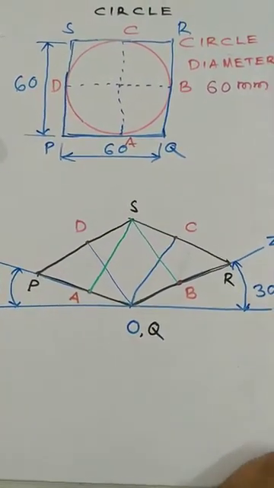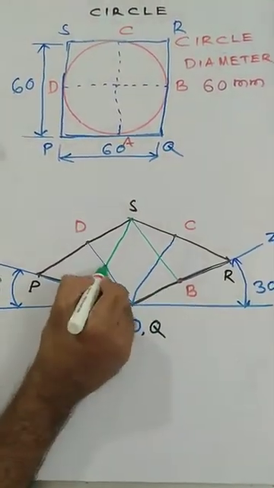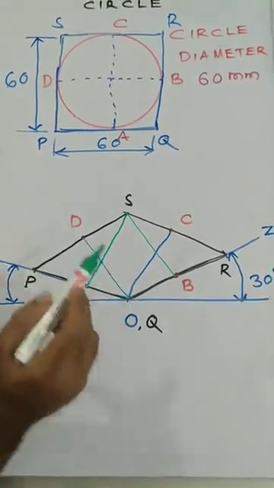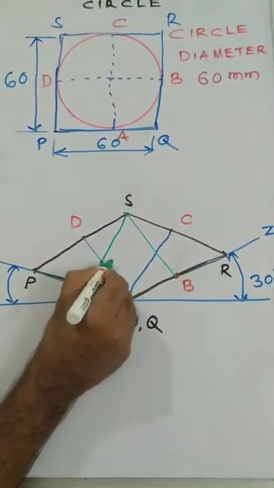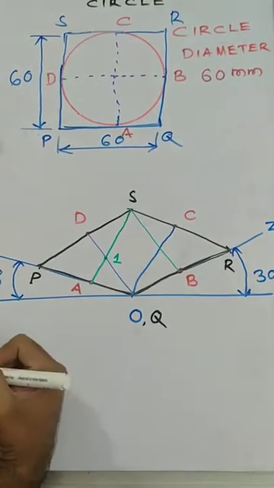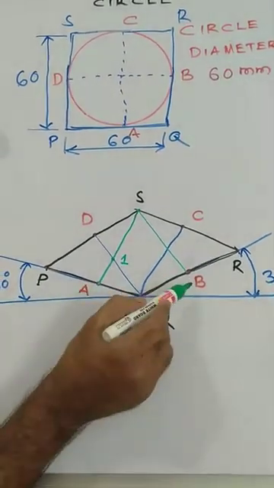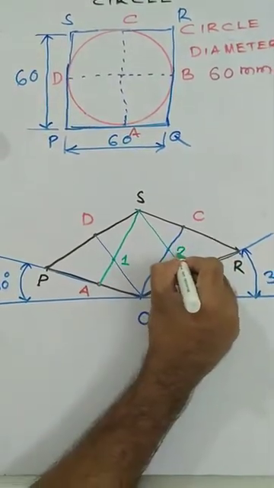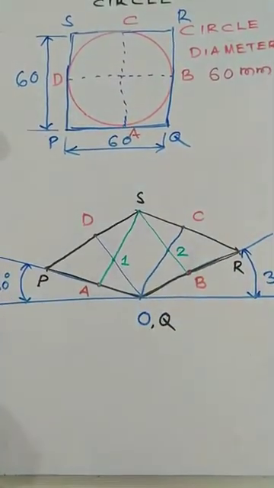Now we are getting the intersection point for AS, QD. I am naming this point 1. The intersection point for BS and QC, that point is 2. Got it?